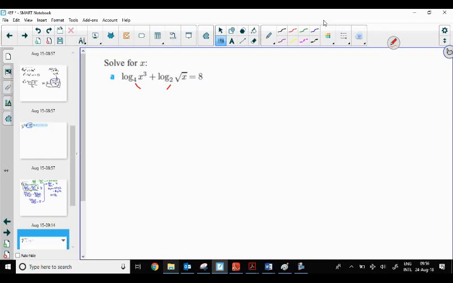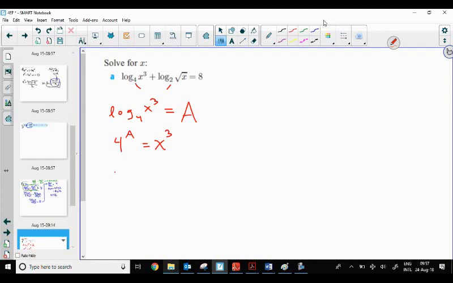So my thought was, if I write log base 4 of x cubed, that's equal to something. I'll call it big A. That means that 4 to the power of A has to equal x cubed. But 4 is 2 squared.